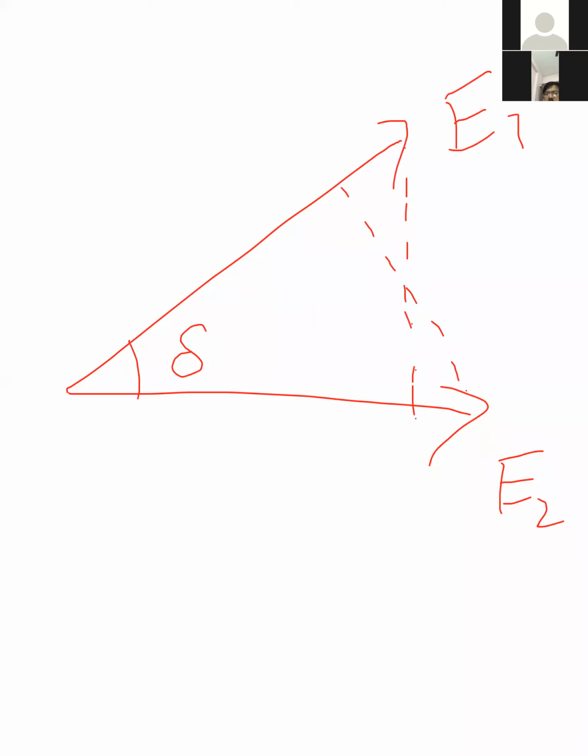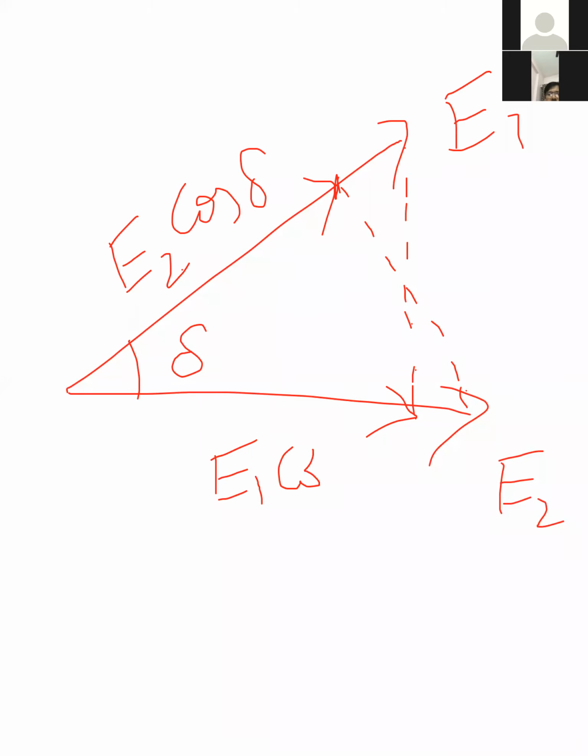Resolving E2 this way, this is E2 cos delta up to this one. Then this is E1 cos delta up to this one. So I am marking this difference with green, E1 minus E2 cos delta.